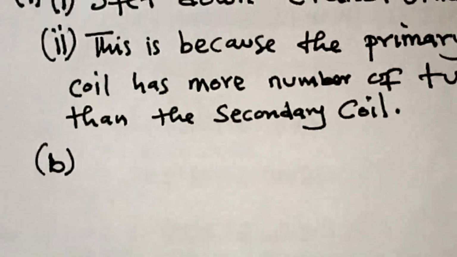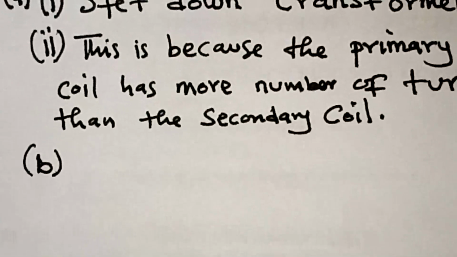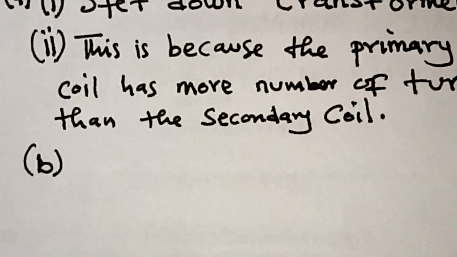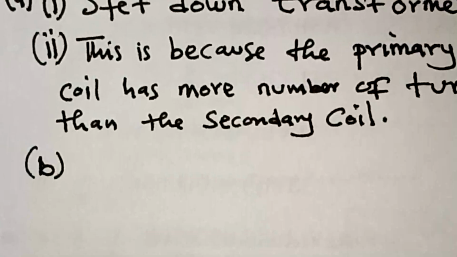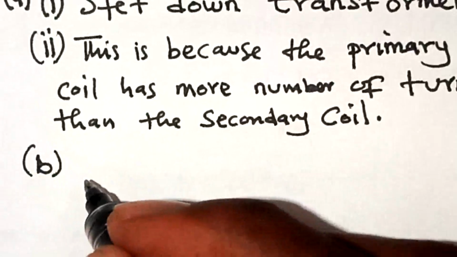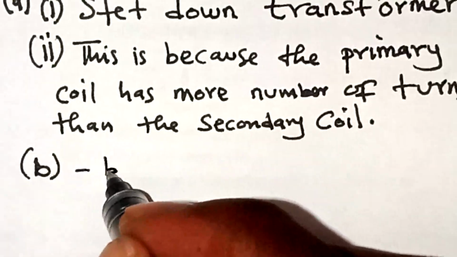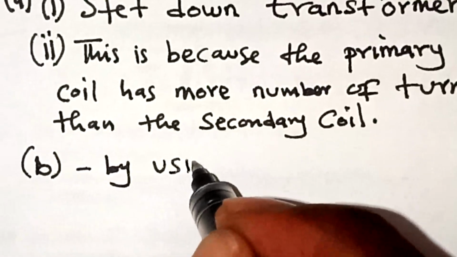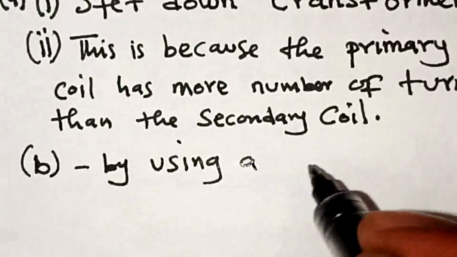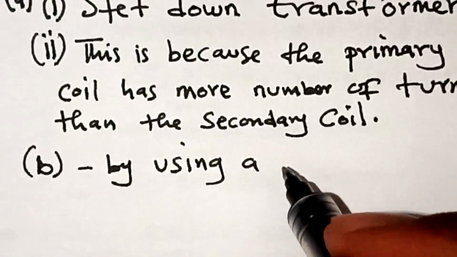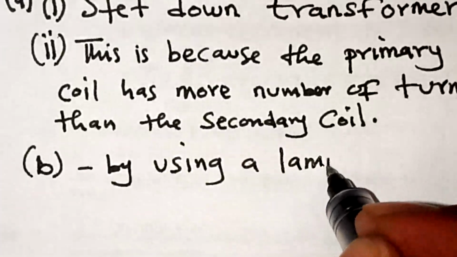To produce a greater efficiency, you can either use a laminated core or use a thicker wire. So here you can just say by using a laminated core.